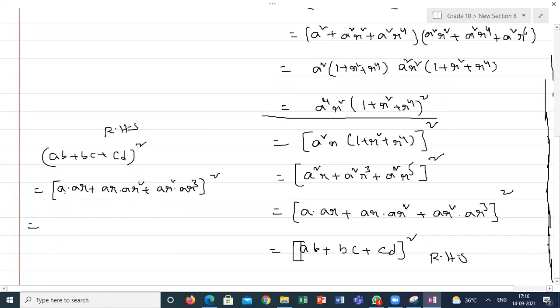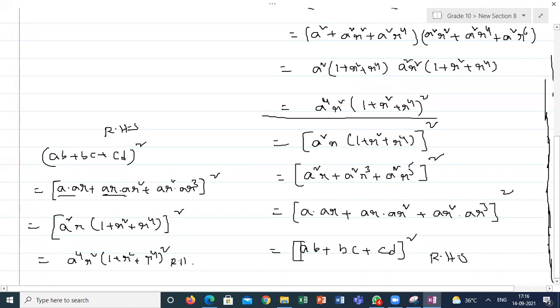In this, A square is common everywhere and R is also common. A square R, if I am taking common, (1 plus R square plus R power 4) whole square. If I am expanding this, A power 4 R square into (1 plus R square plus R power 4) whole square. So this is your RHS. So LHS is equal to RHS.